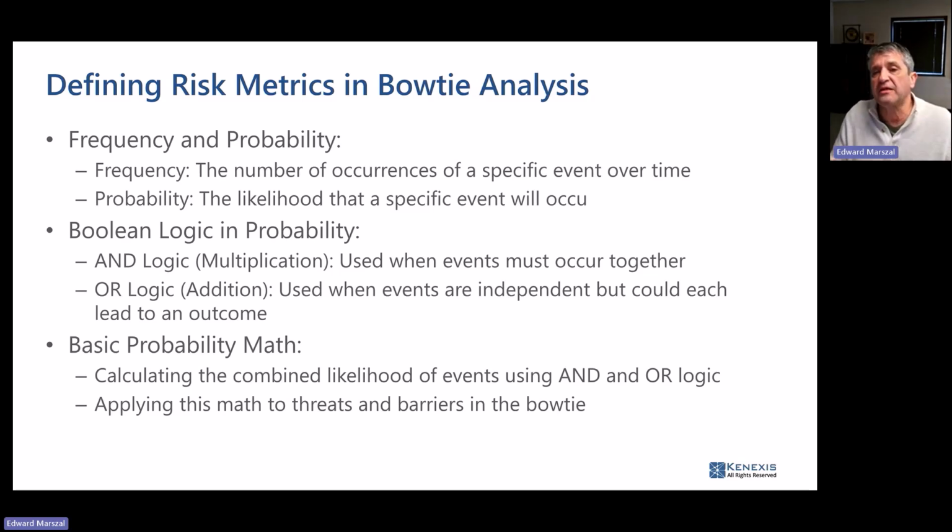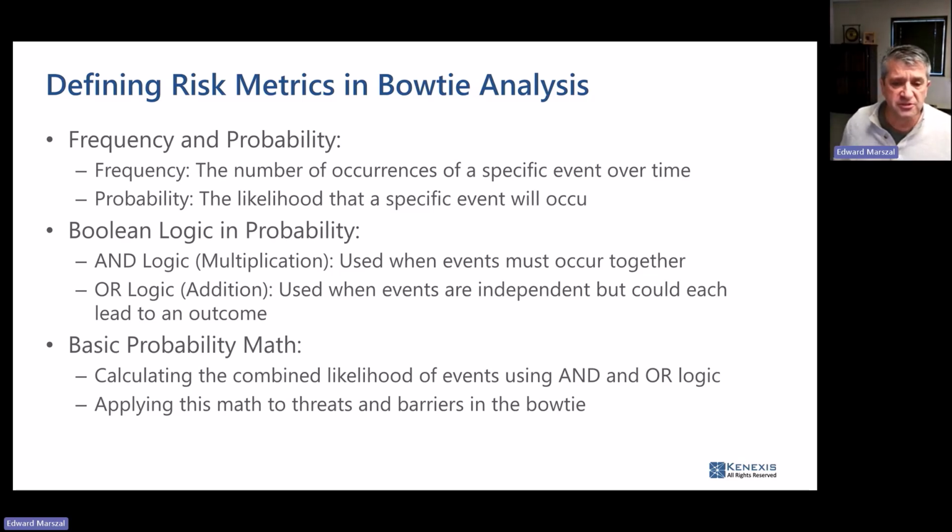And as the probabilities become smaller, that effect becomes smaller and smaller. So if you want more information on the rare event approximation in probability addition, I encourage you to read my LOPA book that's available through ISA, and we also discuss it in detail in the SIL verification training class.